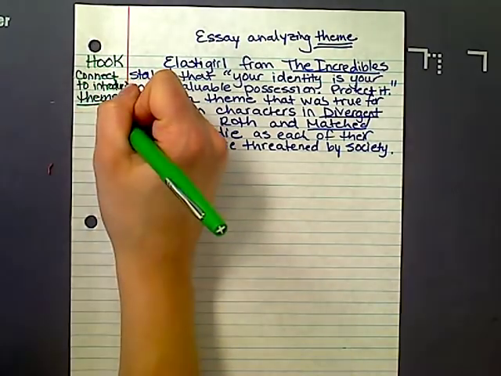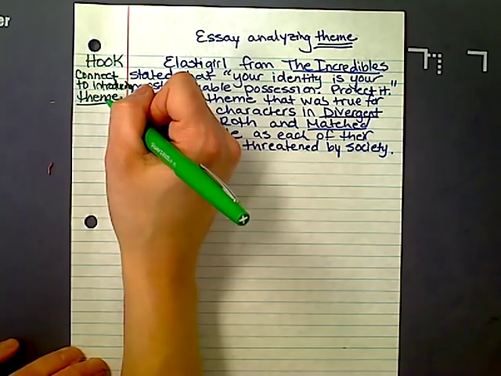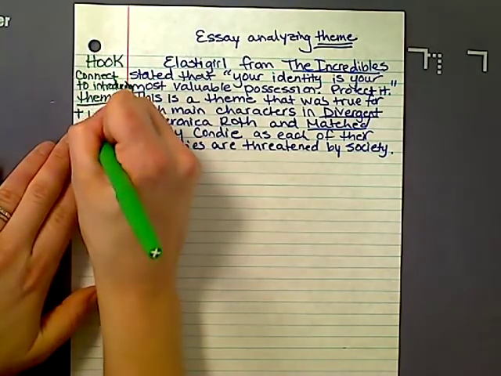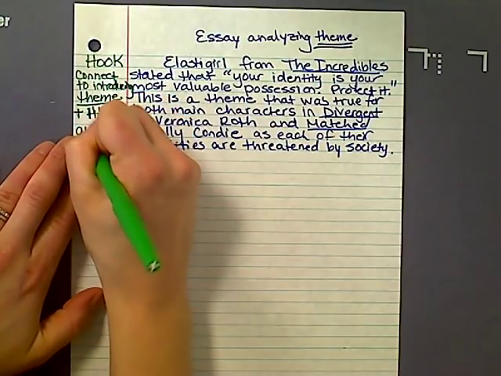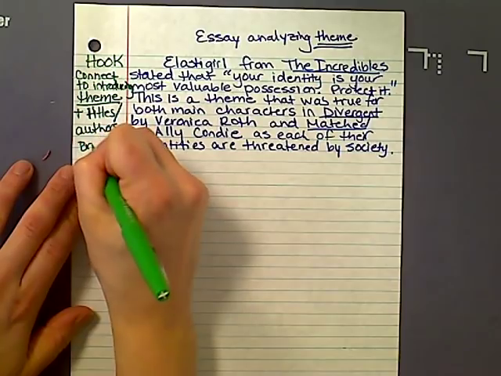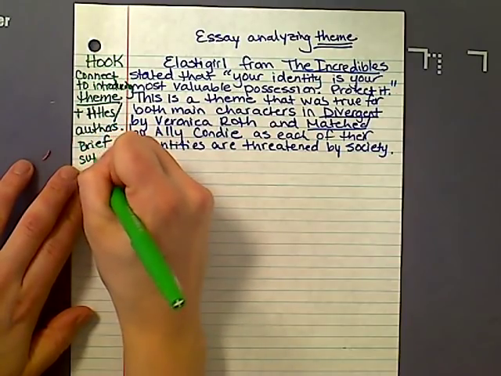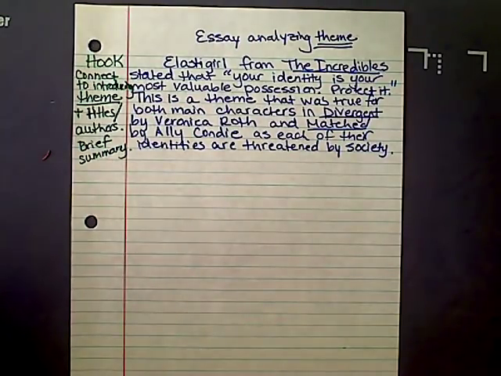So it may be introducing archetypes, it may be introducing tone, and titles, authors. I'm giving a brief summary at the same time. All that in just about 2 sentences.